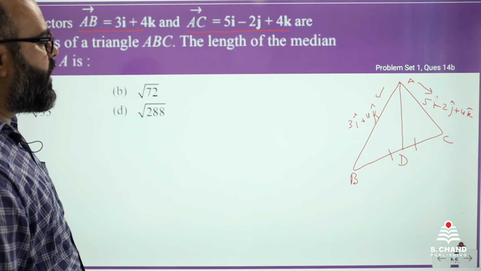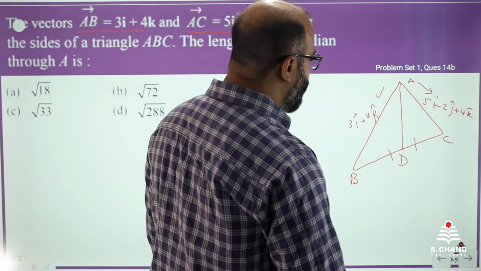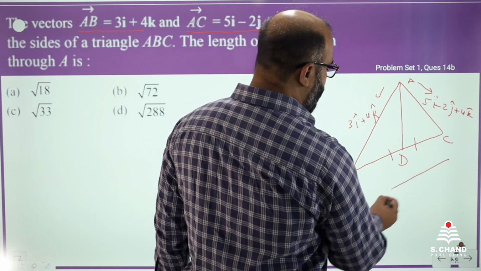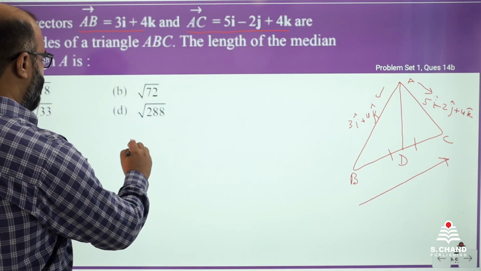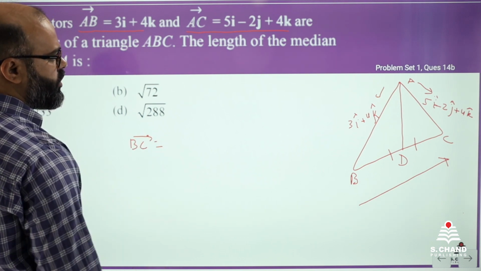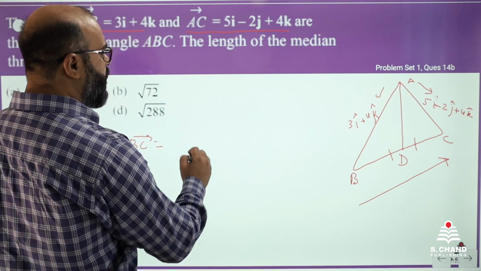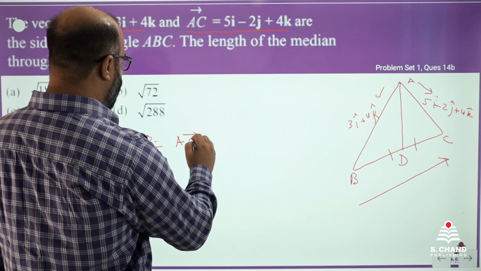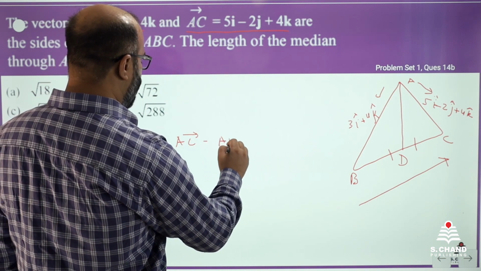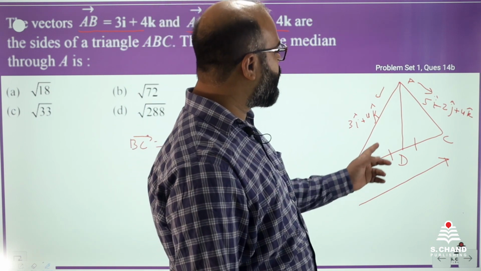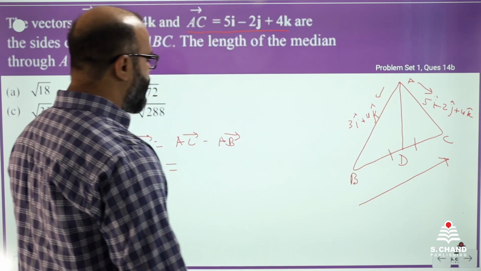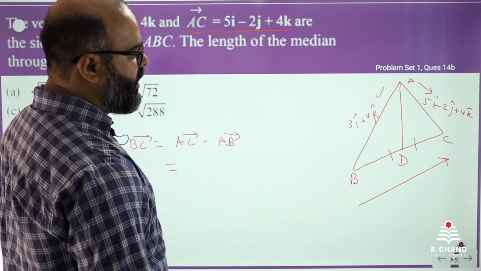Now you have to find the length of the median. So what you can do is, you can first find the resultant vector BC. Can you say that BC vector is equal to C position vector minus B position vector, or you can say AC minus AB, because AB plus BC is equal to AC by the addition law of triangle.